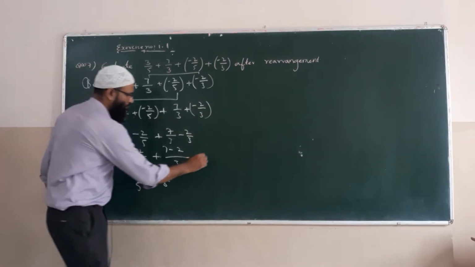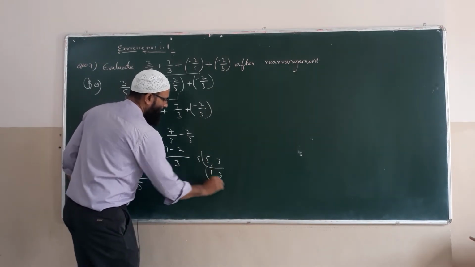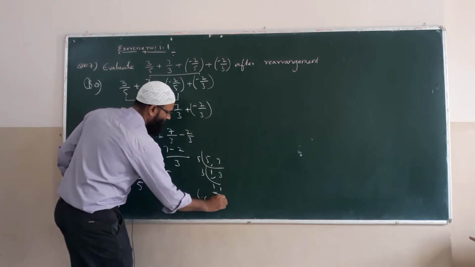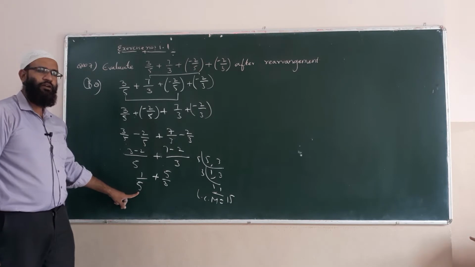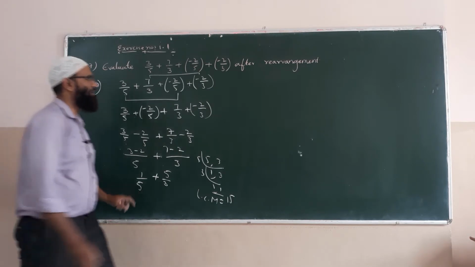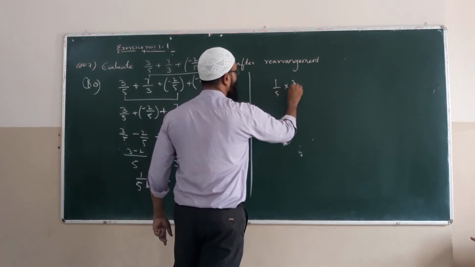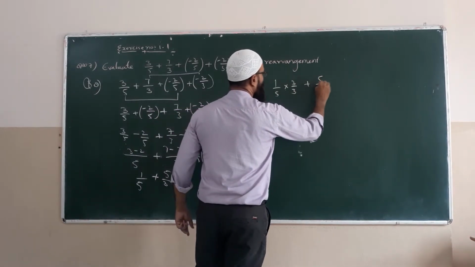The LCM of 5 and 3 is 15. In the 5 table, where do we get 15? 3 fives are 15, very good. So 1 by 15 multiply by 3, plus 5 by 3.